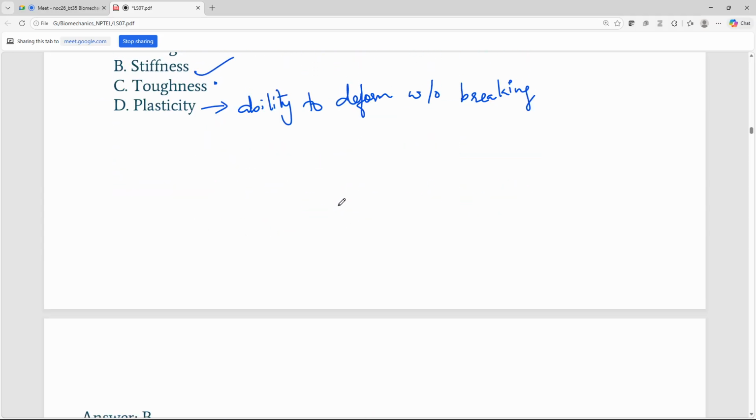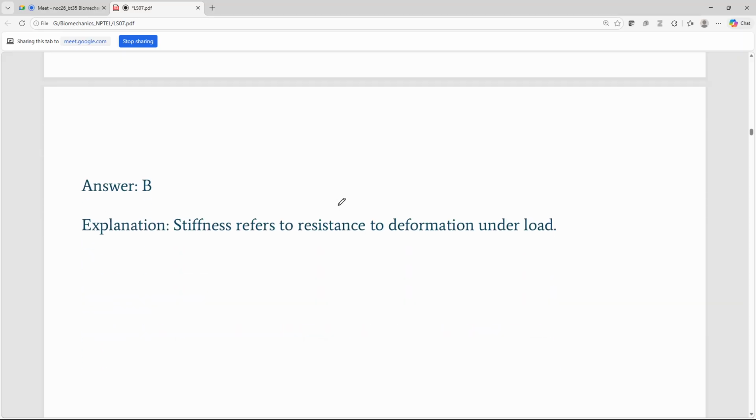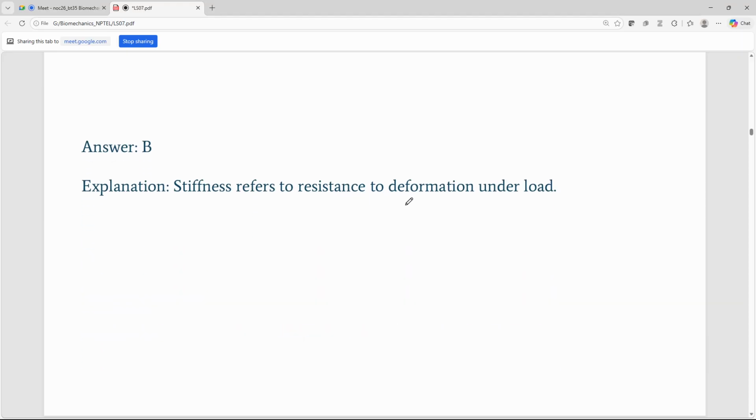Here the answer is stiffness, that is the resistance to deformation under load.